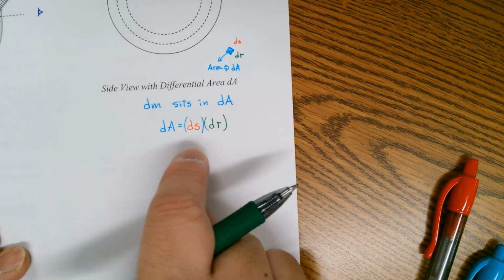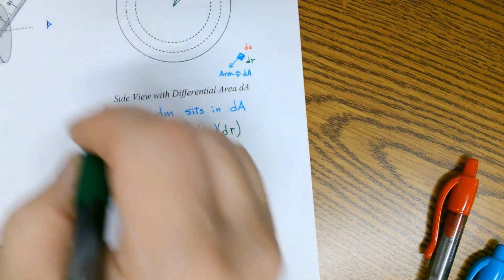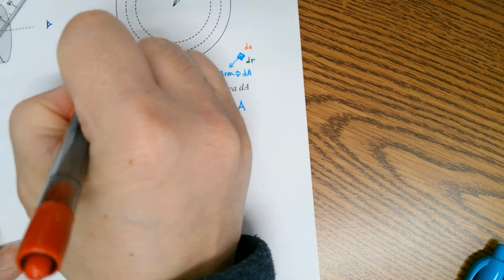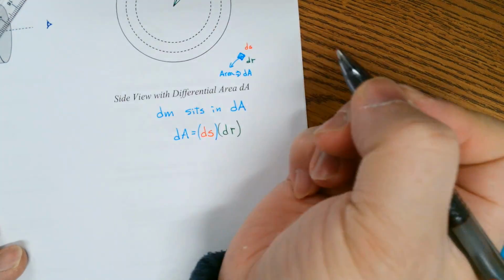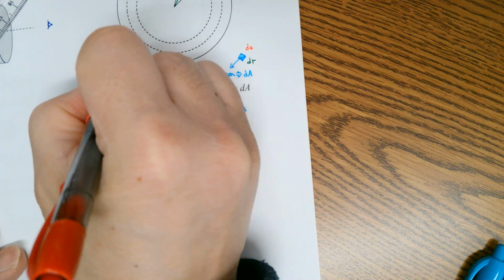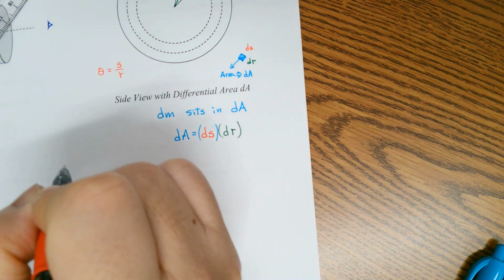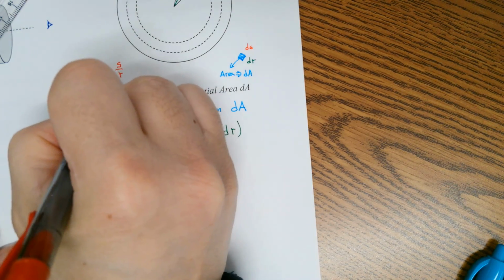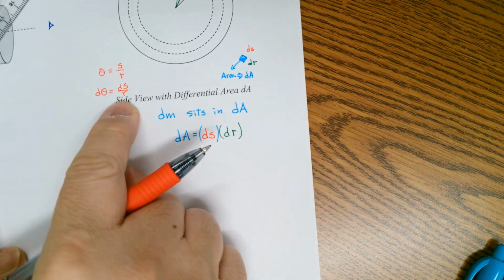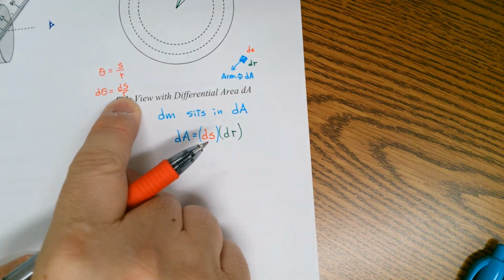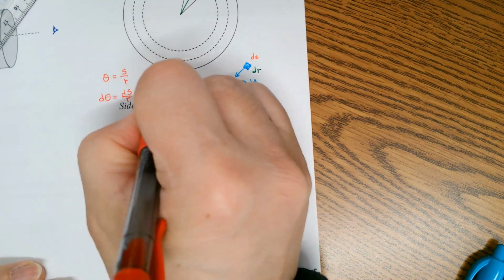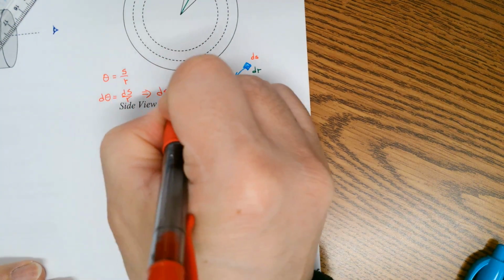We already know what my ds is, because back in rotational or even circular motion, we said theta is equal to arc length divided by radius. Therefore, d theta is equal to ds over r. Now remember, r is constant, so my ds is equal to r d theta.